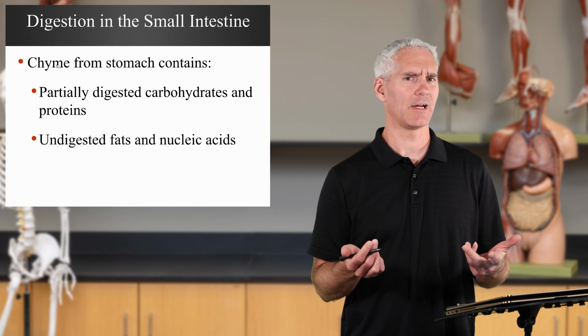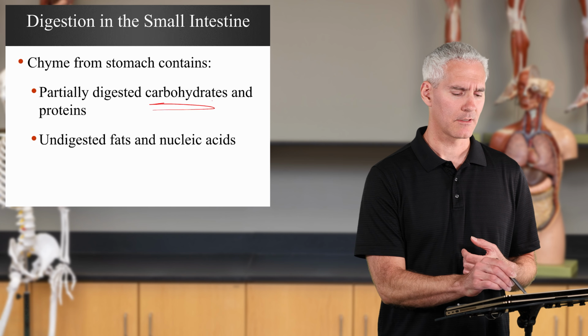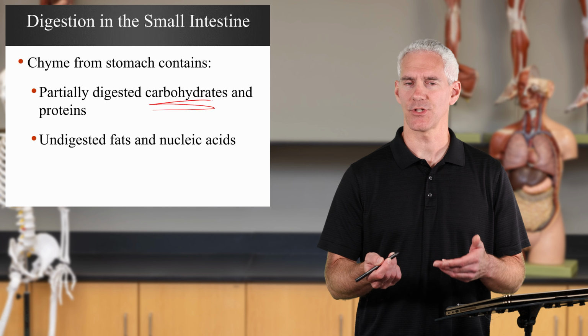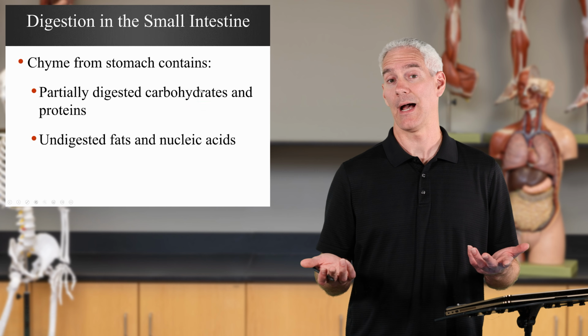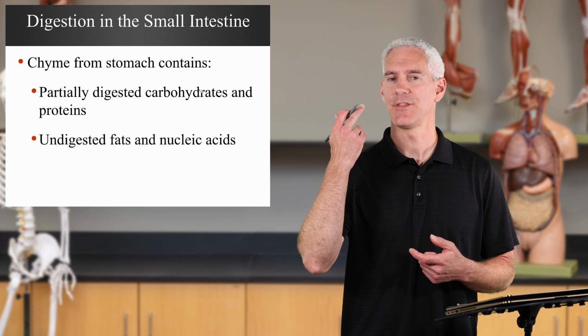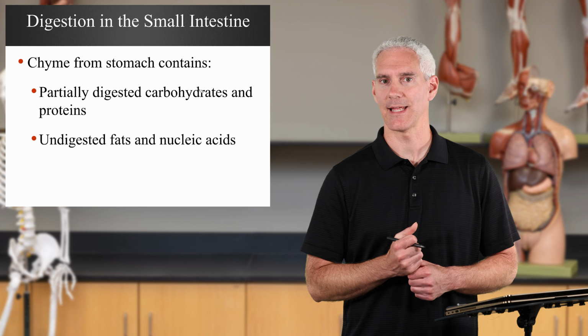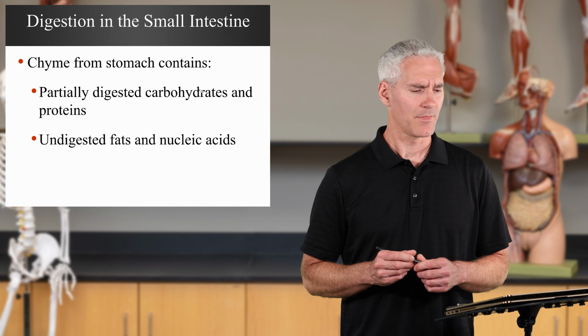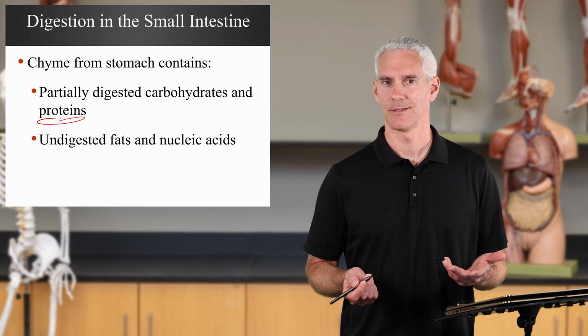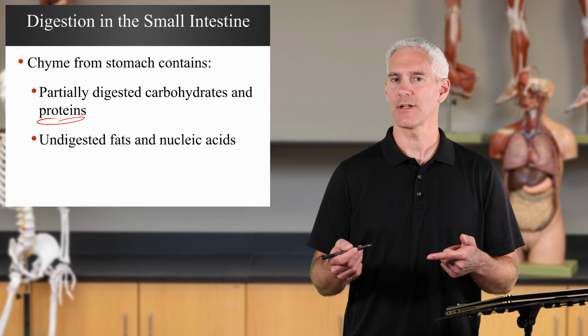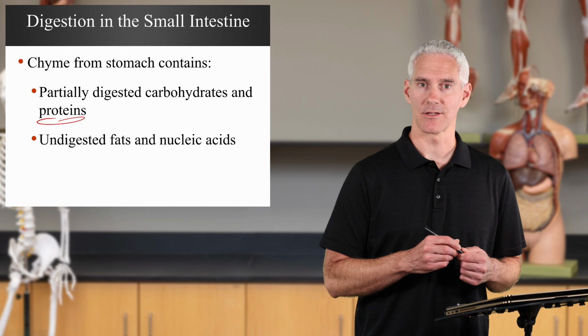Which means we've got to figure out, where do the carbohydrates initially start the digestion? Carbohydrates start the digestion in the oral cavity with the salivary amylase. Then where do the proteins start their digestion? They start their digestion in the stomach with pepsin.